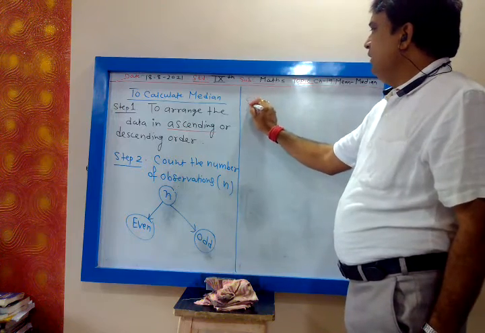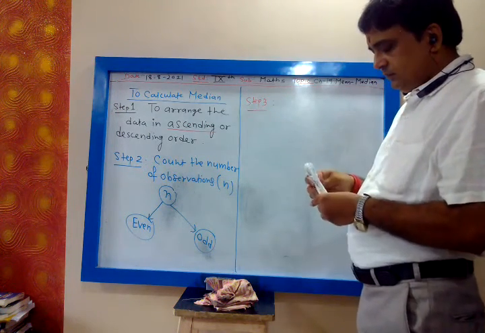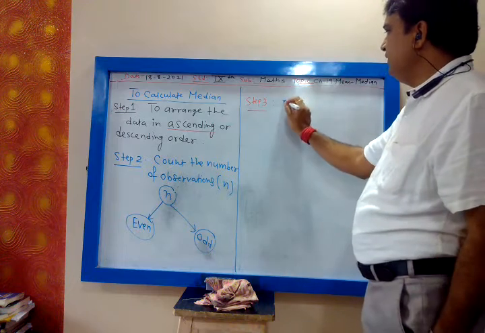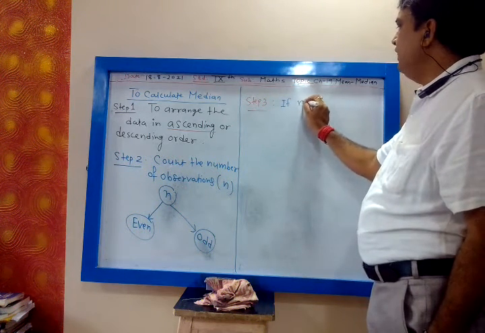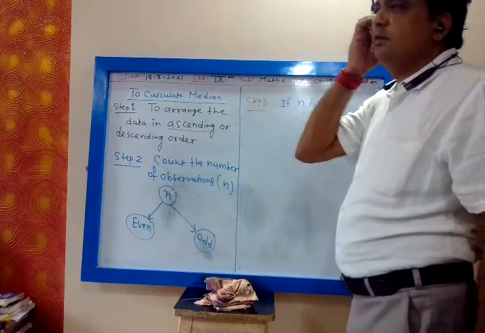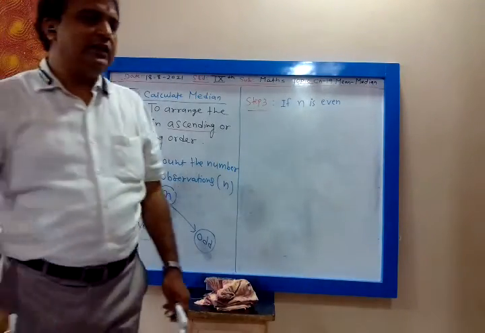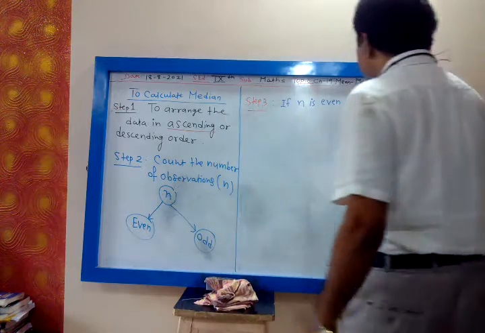Then step 3, if n is even. Even number means those numbers which are divisible by 2.